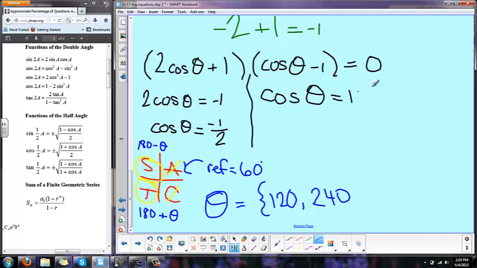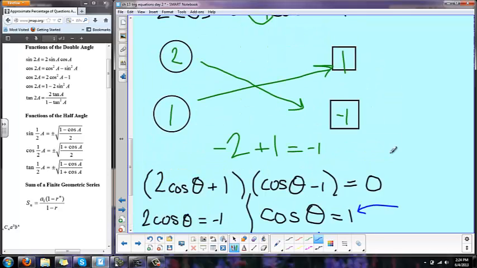Then my last answer comes from right here, and because that's a +1, I'm going to take a look at my unit circle, and that's not a unit circle, is it? Nope. My unit circle. And cosine is the x value, so you could go along and make all those points, figure out where the x value is going to be a +1, and this is the only place where the x value is a +1, which is 0 and 360 degrees.